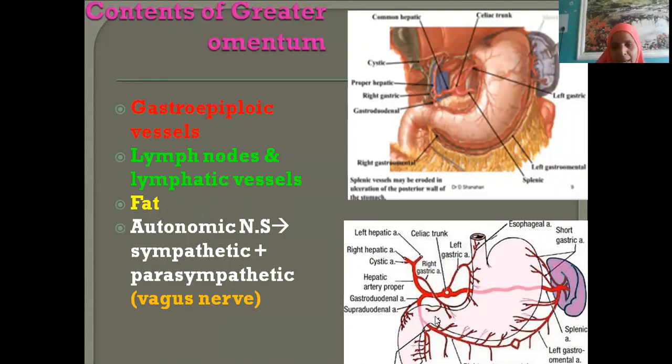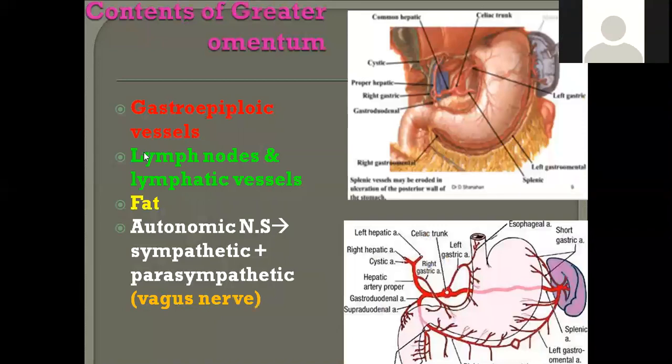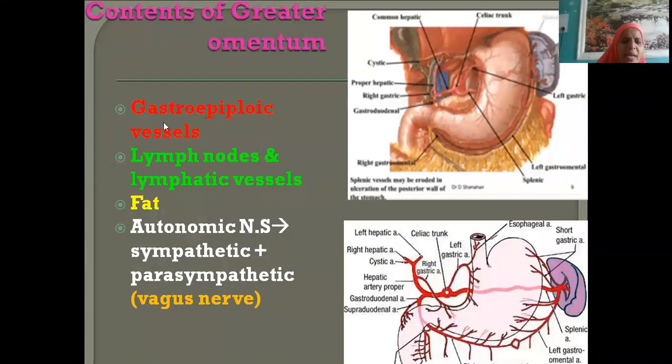Right gastroepiploic artery is this, left gastroepiploic artery is this, found at the greater curvature of the stomach. Obviously, everywhere we have lymph nodes, lymphatic vessels, fat, autonomic nervous system. All this list is the same as lesser omentum. Only the vessel names are different. There in the lesser omentum, left gastric artery, right gastric artery. Here in the greater omentum, gastroepiploic vessels. Rest all are the same.